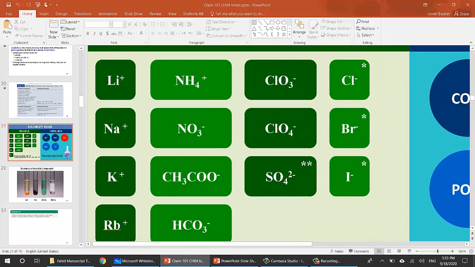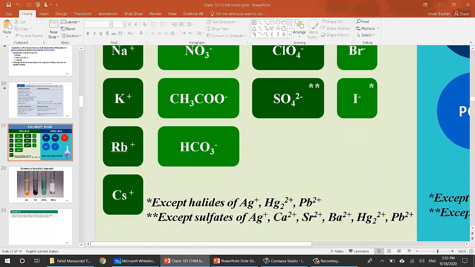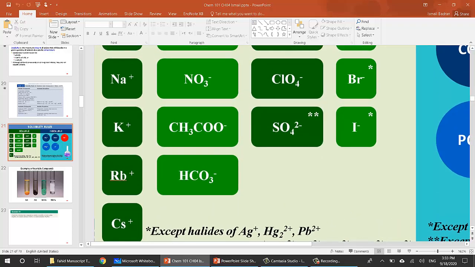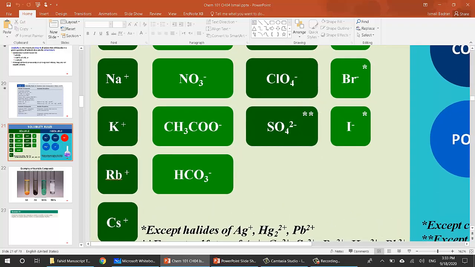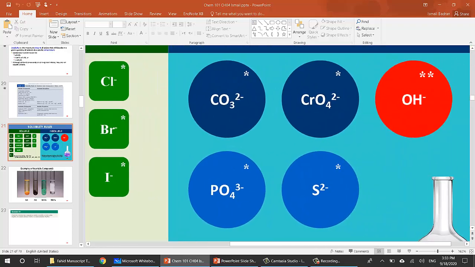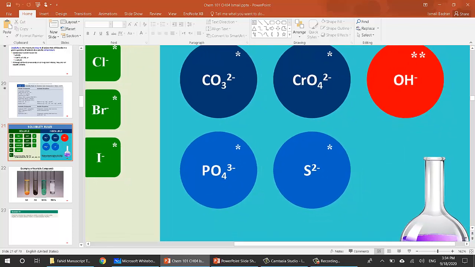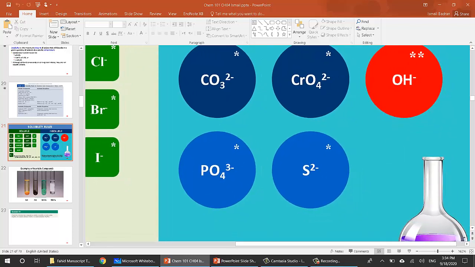You have to see the stars. When I say Cl minus is soluble, that means it's soluble except halides of Ag plus, Hg2 2 plus, and Pb2 plus. So NaCl is soluble, but AgCl is not, because it contains Ag plus. The insoluble stuff contains carbonates, chromates, hydroxides, phosphates and sulfides.